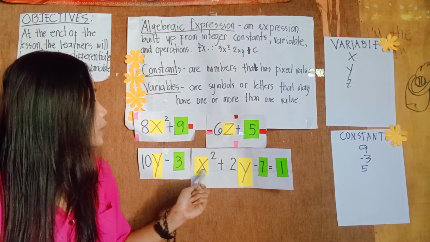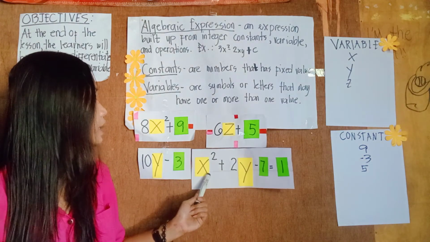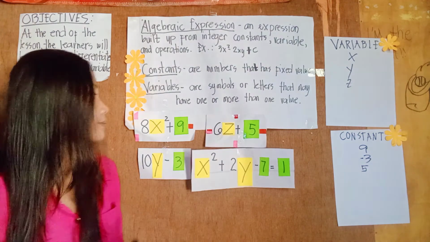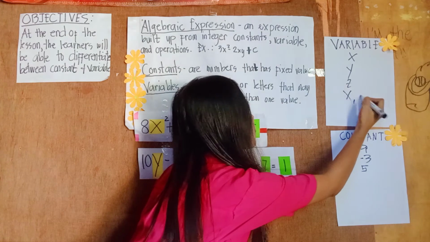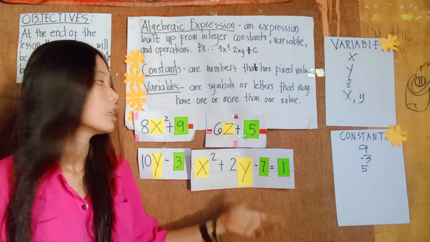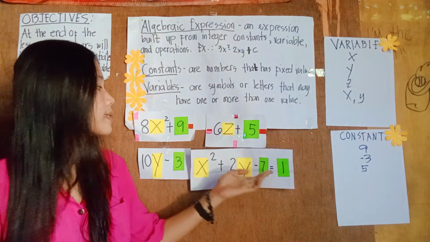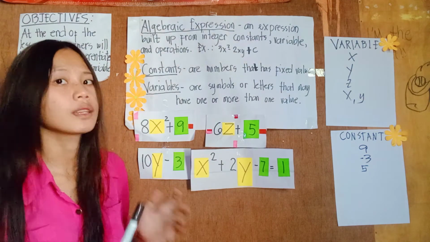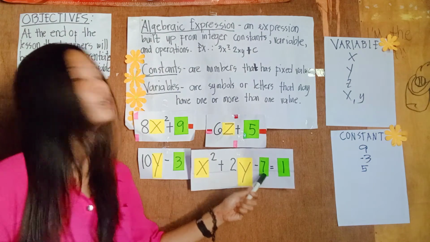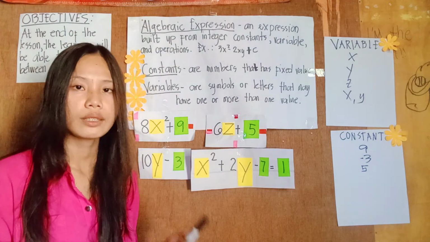So x squared plus 2y, so our variables are x and y. And obviously our constants are 7 and 1. But I want to ask you, is it negative 7 or 7? What's our constant?